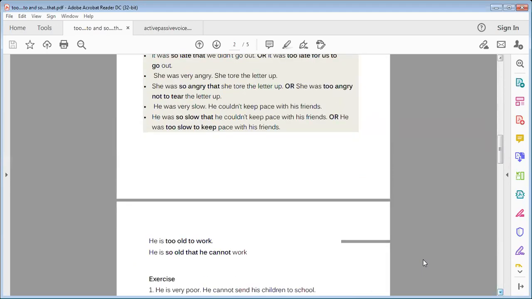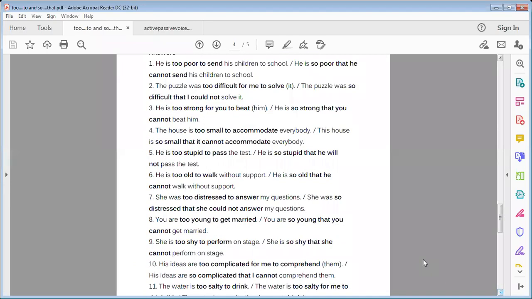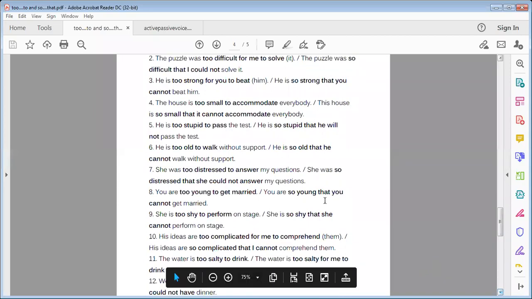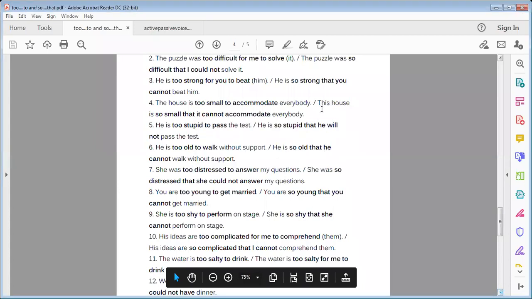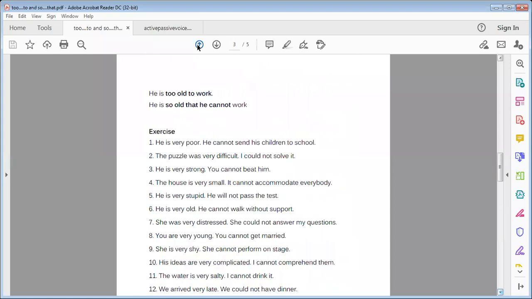Yes, I'm showing the answers again. Wait. Okay, you have a doubt with the fourth one. Let me see the given sentence. The house is very small. It cannot accommodate everybody.